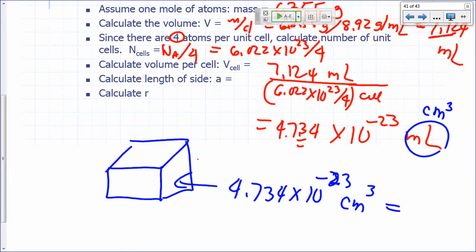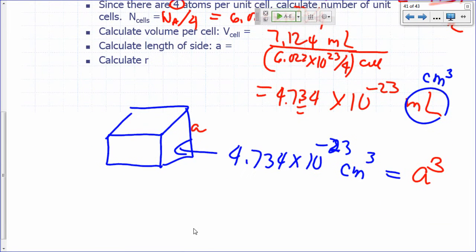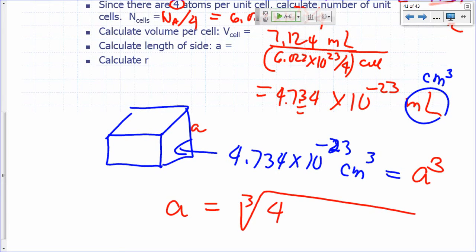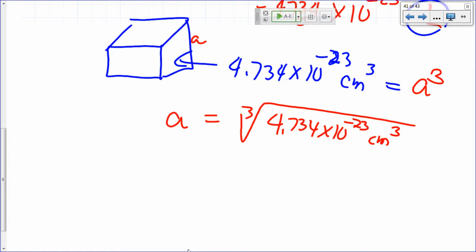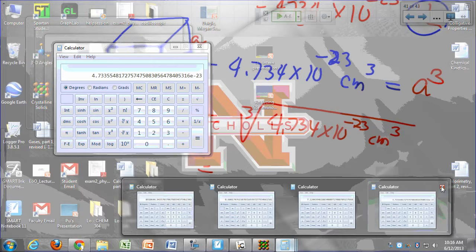How is that related to the length of the side of the cube? What's the volume of a cube if the length of the side is A? That's just A cubed, right? So how long is the side of your cube? A would be equal to cube root of 4.734 times 10 to the negative 23rd cubic centimeters.